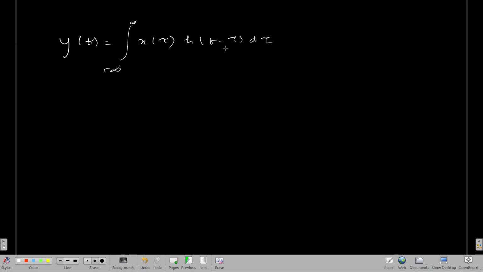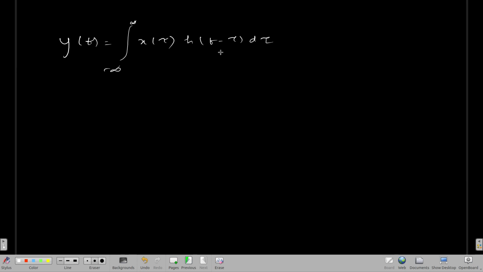Okay, t is the shift and tau is the basic time variable in this expression. t is the shift that we are using. So basically you should understand that in the language of convolution, the output is a function of the shift that we are giving.